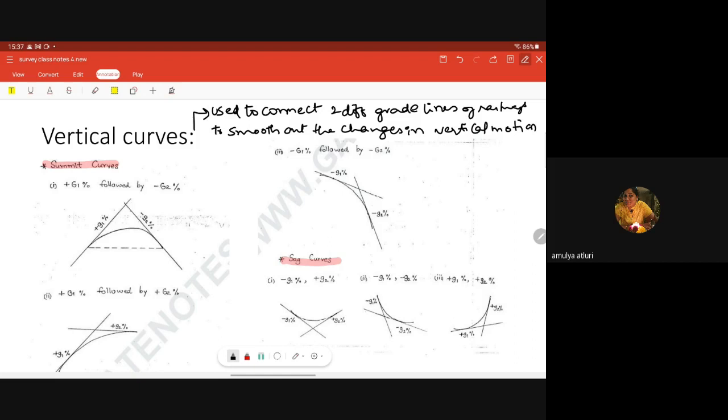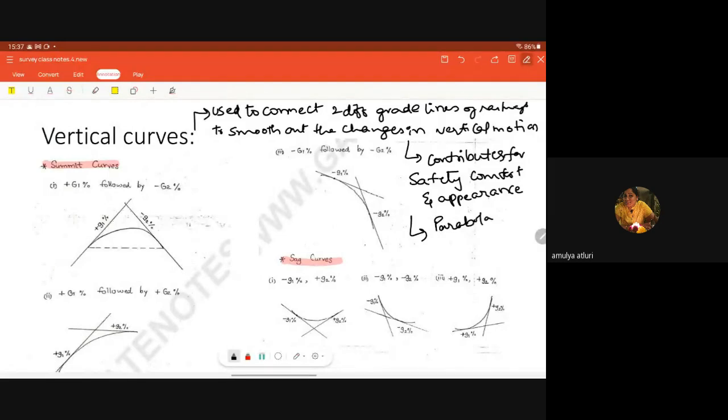These curves contribute to safety, comfort, and appearance for the passengers. Next, they are generally parabolic or circular ones.